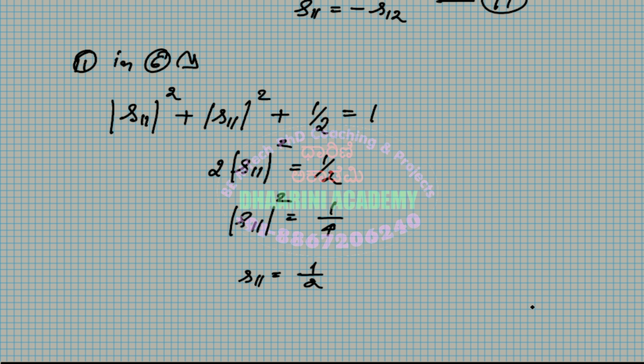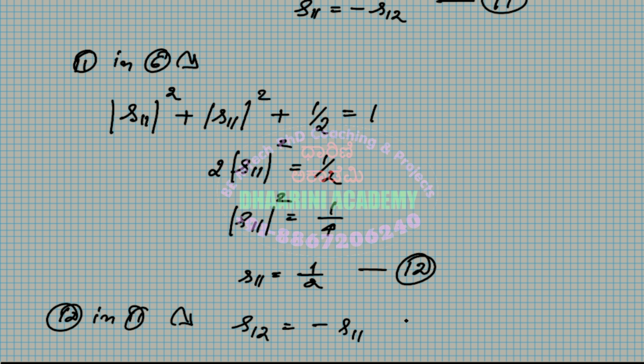Let's say this is equation number 12. Put 12 in 11, you will be able to find out S12 is equal to minus of S11, so minus 1 by 2. Call that equation number 13.